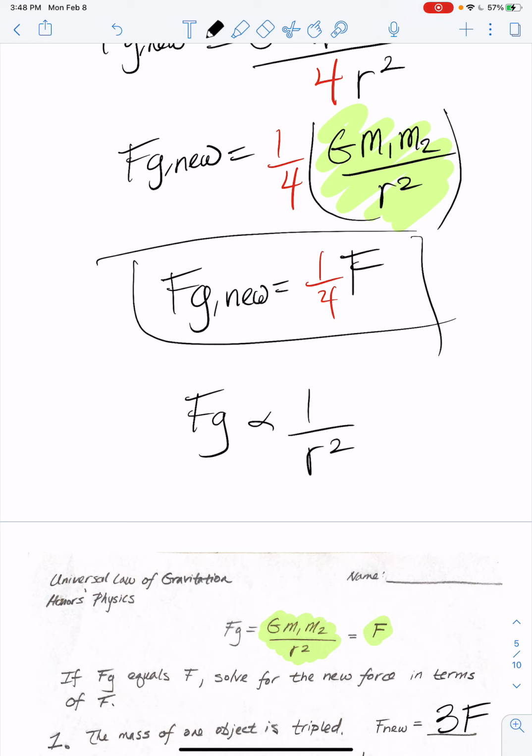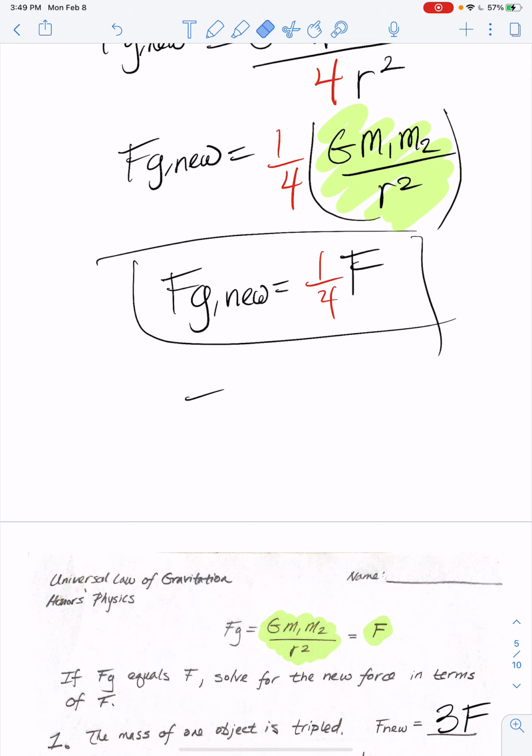That would be an inverse relationship. It's not half the force over here. That's not the idea. It's actually a quarter of the force because the 2 gets squared. That's why it ends up being 1/4 the force when you double the distance.